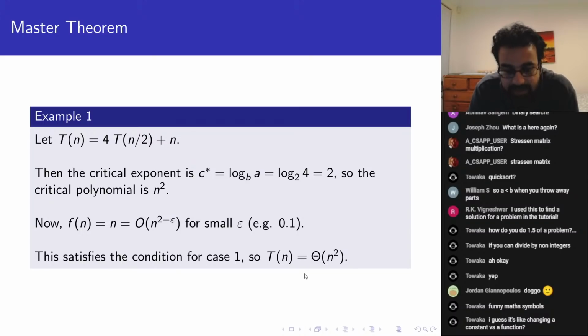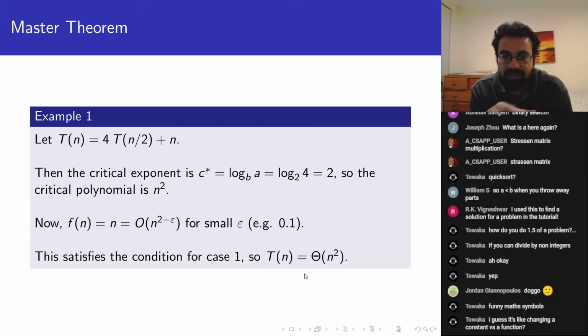In case 1 of the master theorem, the asymptotic solution to the recurrence is just T(n) equals big theta of the critical polynomial, in this case n squared. So by identifying the a, the b, and the f(n), working out the critical polynomial, and comparing it to f(n) to classify this recurrence into one of the 4 cases, we were able to write out the asymptotic solution without knowing any of the details of how this algorithm works, or doing any complicated maths.